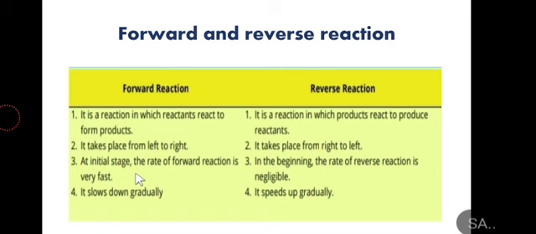In the forward reaction, at the initial stages, the rate is very fast, and in case of reverse reaction, in the beginning the rate is negligible, so it is a little slower. Forward reaction slows down gradually, and reverse reaction speeds up gradually.